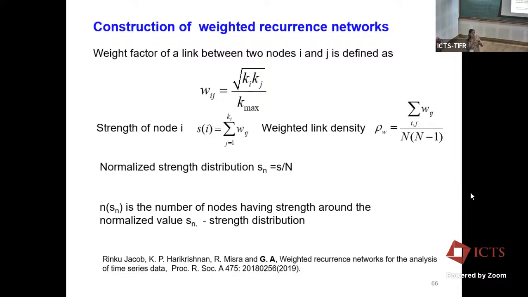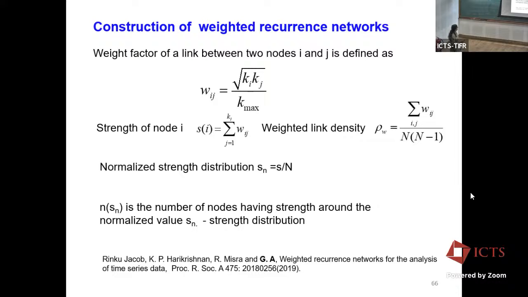One more level of information is lost there. So you can add it by putting a weight on the link depending on the actual distance. Normally the smallest distance will get the highest weight, and then you go on putting a weight on the link based on the actual distance within that epsilon. So that is one way of constructing the weighted network.